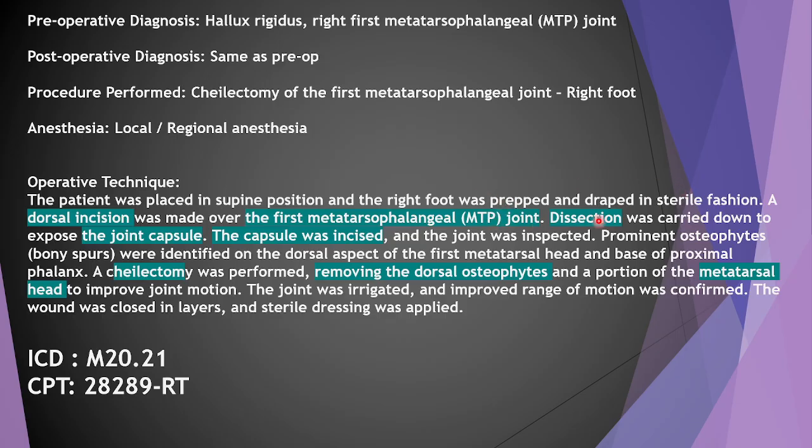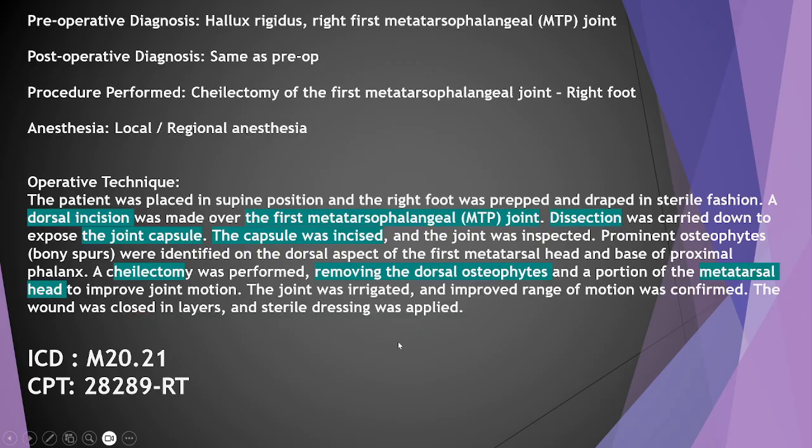After that the dissection was carried out to expose the joint capsule, and the capsule was incised, which means capsular release was performed. Prominent osteophytes were identified on the dorsal aspect of the first metatarsal head and the base of the proximal phalanx, and the cheilectomy was performed, with removal of the dorsal osteophyte and a portion of the metatarsal head to improve joint motion. The joint was irrigated, improved range of motion was confirmed, and the wound was closed in layers and dressing was applied.